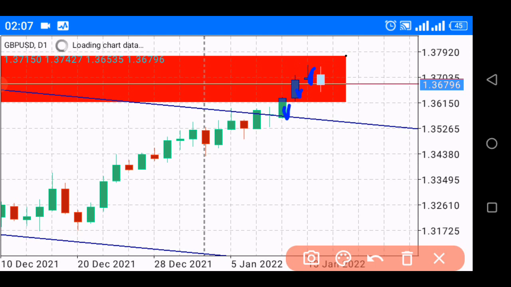And the third is the indecision candle, like a cross. You can see this one here is an indecision candle. Though it's a big indecision candle, let me show another one: this candle here is an indecision candle.